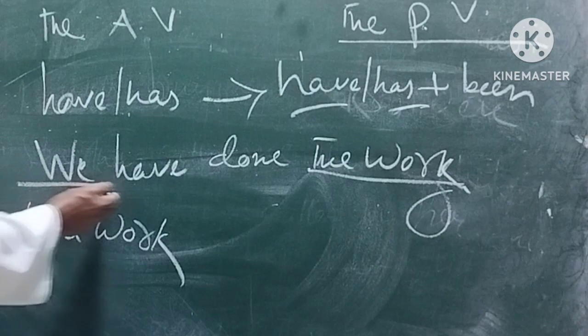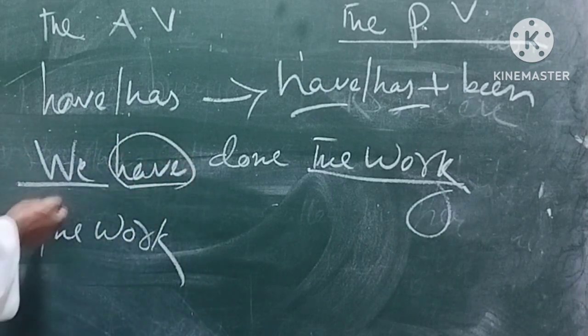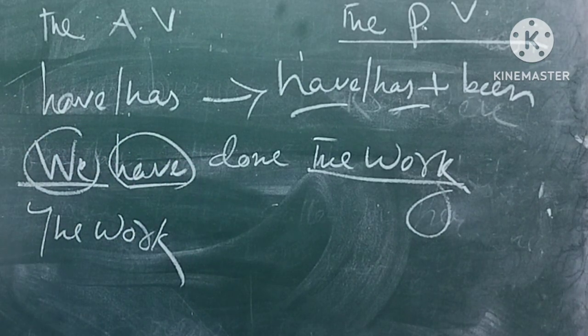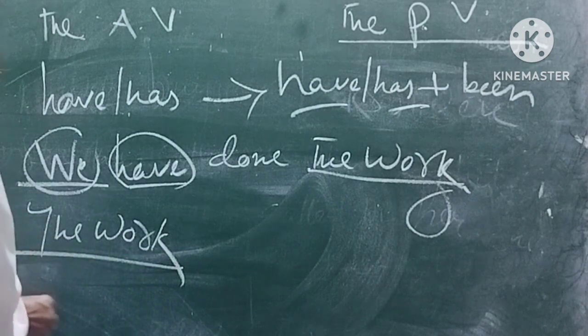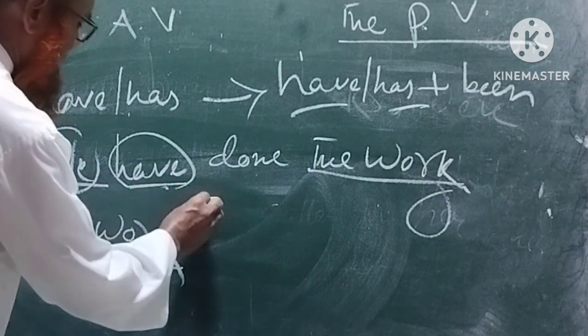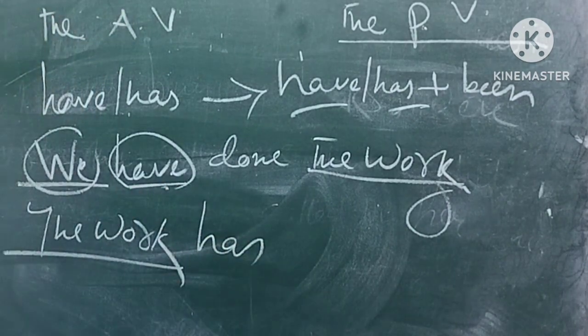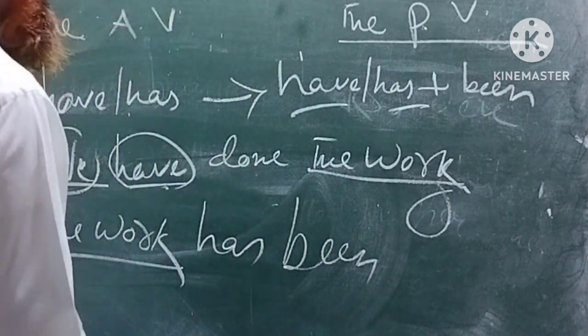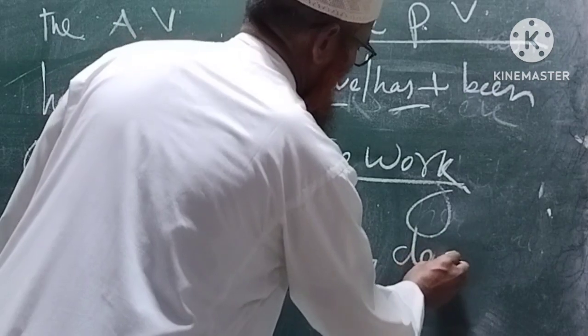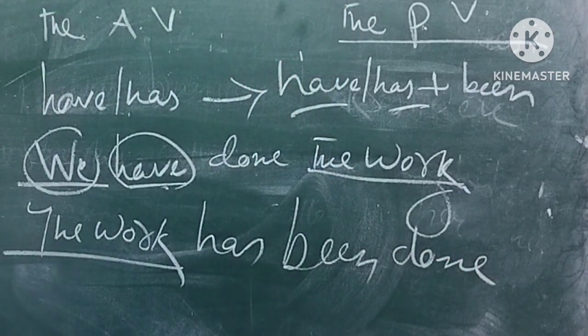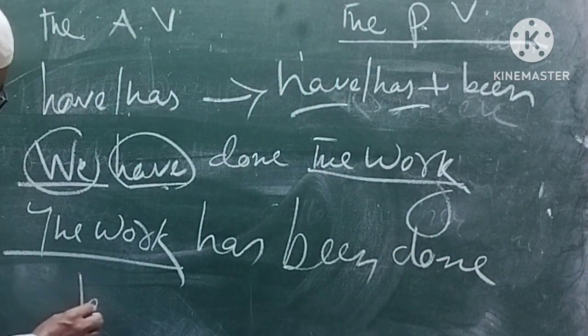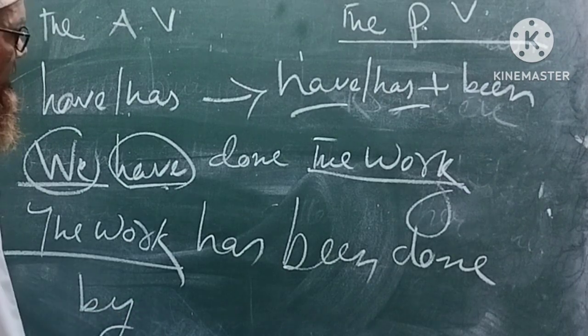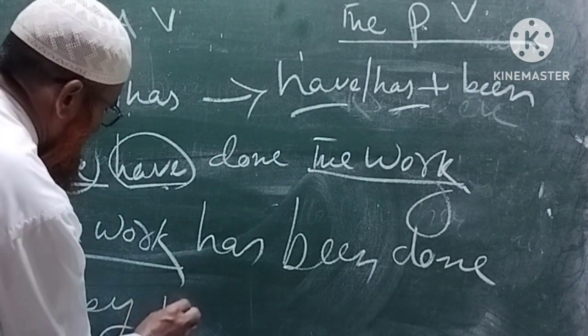Have is there because the subject is first person. Now the subject is third person, that is why in place of have, has will come. The work has been, been is common with have verb, done. The work has been done by us.